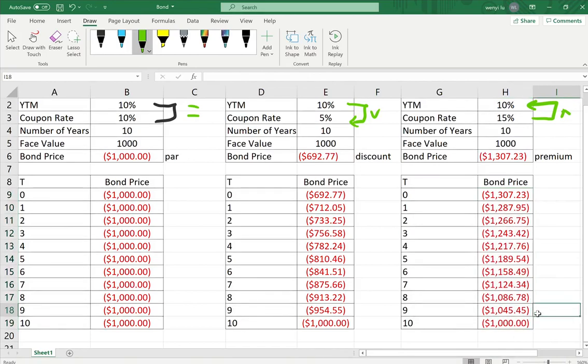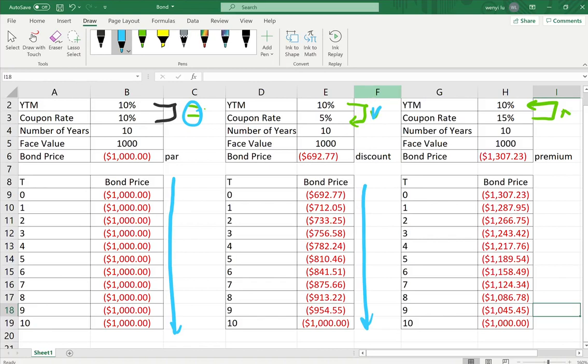So you can see the price movement for these three different cases. If the yield to maturity equals the coupon rate, the price will always stay the same at $1,000. If the yield to maturity is more than the coupon rate, the price will continue moving up until it reaches the face value at maturity.